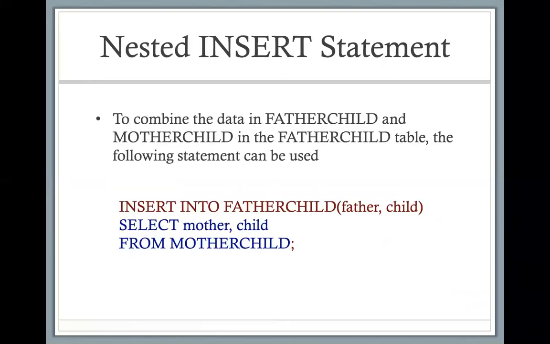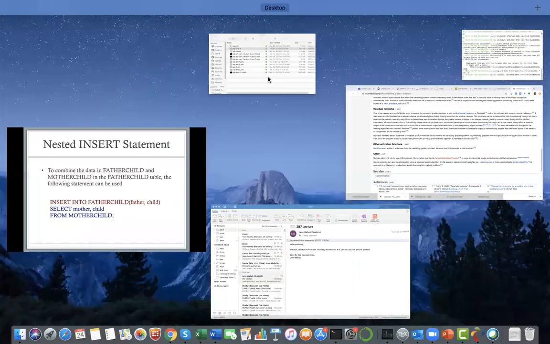Let's say I want to combine the data in father-child and mother-child in the table father-child. So I want to have one table which contains the information of all mothers and fathers. Basically for every person, who's the mom and who's the dad, in just one table. Right now we have it in two separate tables.